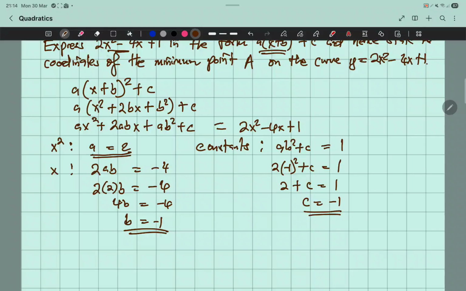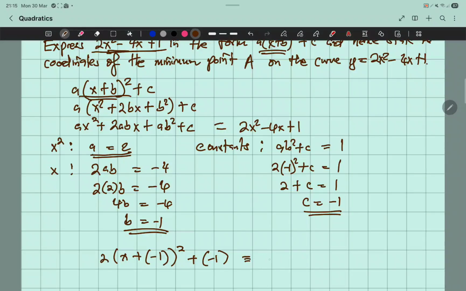So we express this function in this form: a is 2, bracket x plus negative 1 squared plus negative 1, which is our c.